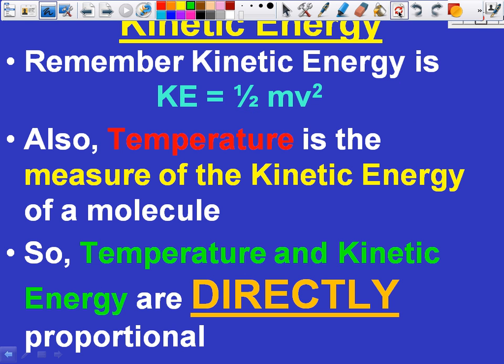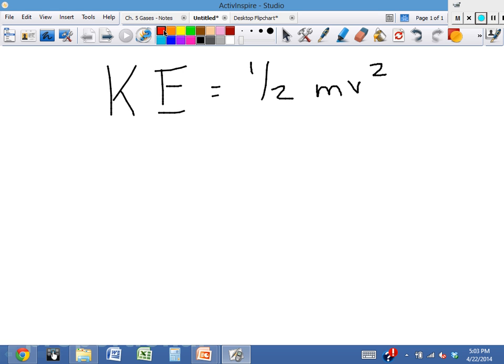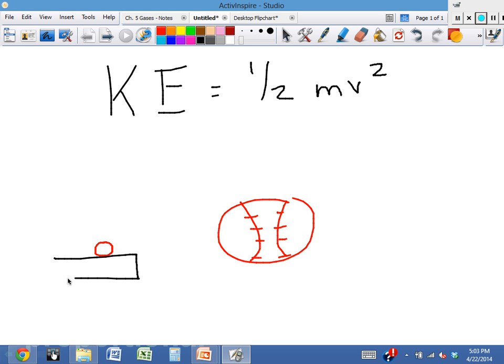Well, let's talk about their relationship for just a second. All right, so we know that KE is equal to 1/2 mv squared, where m is mass and v is velocity. Well, let's take that ping pong ball, and then let's take that baseball, and we were to put these on a scale.